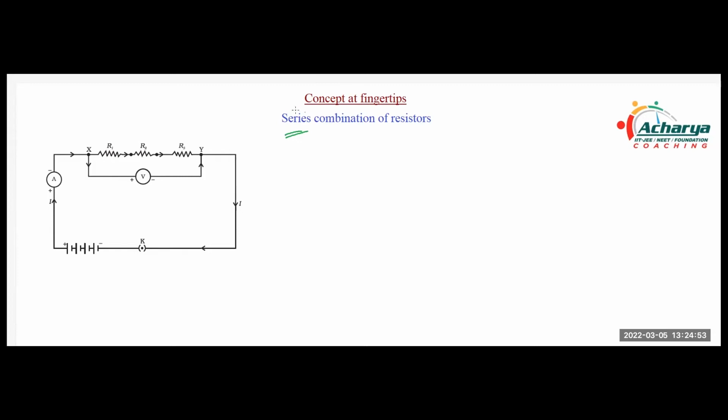The peculiarity of the series combination is that the current that flows through each component in a series circuit will be the same. So current through each resistor is the same.